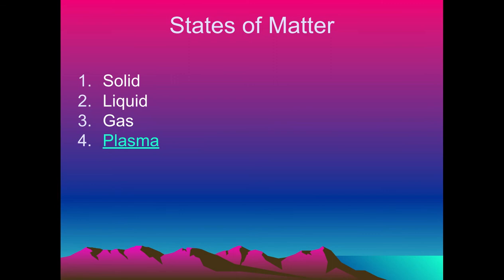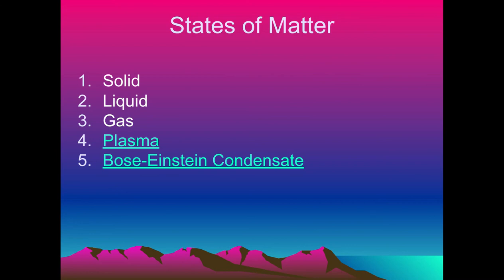State of matter, Bose-Einstein condensate. Basically, when you take gases and get them really, really hot, stuff gets weird. If you take substances and get them really, really cold, stuff gets weird.